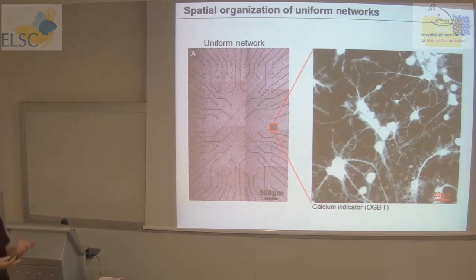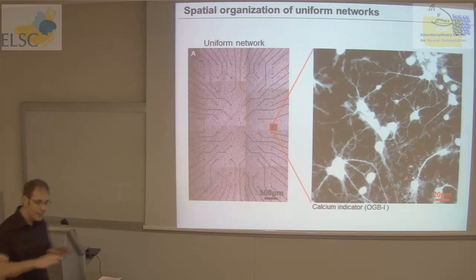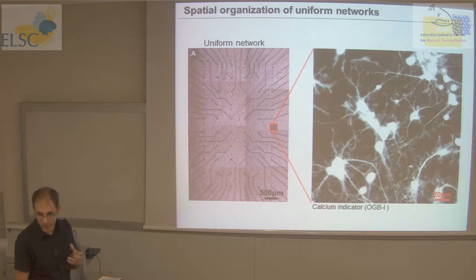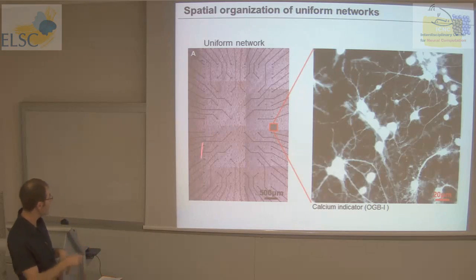So they spontaneously connect, maybe not randomly, but spontaneously. The way that you make such cultures is just by applying an adhesive substance on the surface, which limits the motility of the cells and doesn't allow them to move too much, and you end up with a uniform conformation at the end.